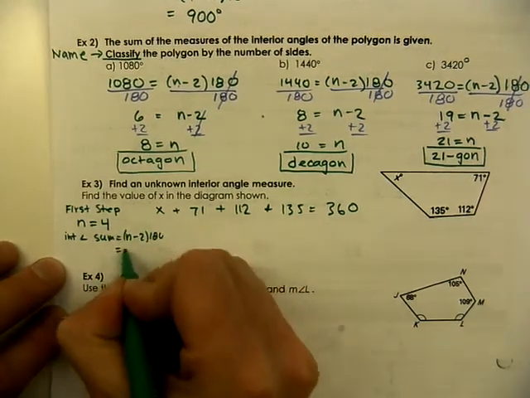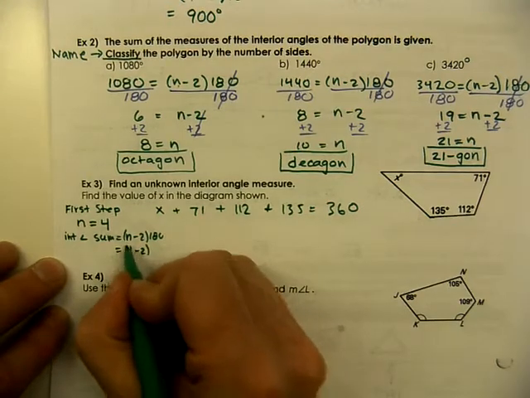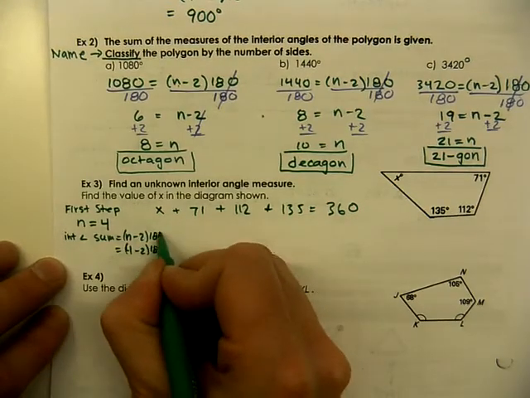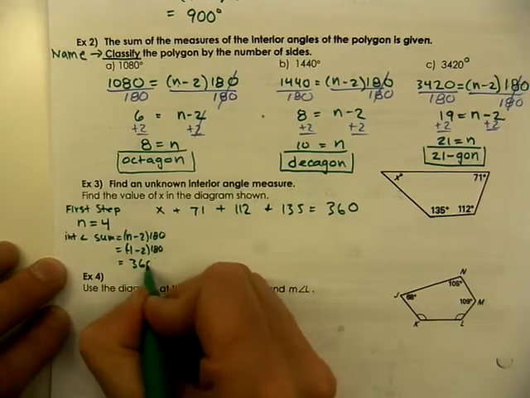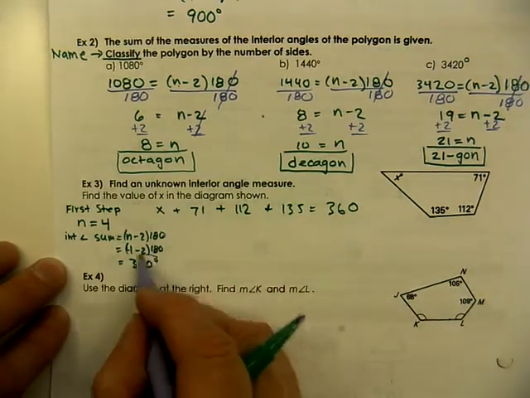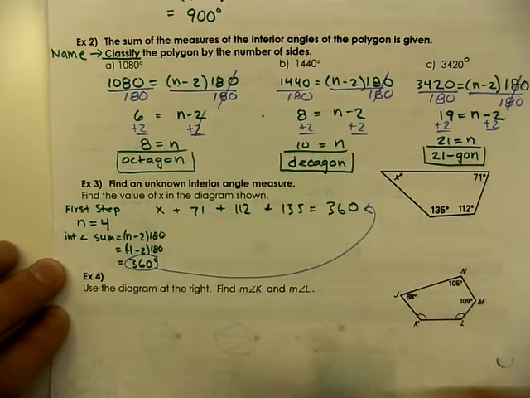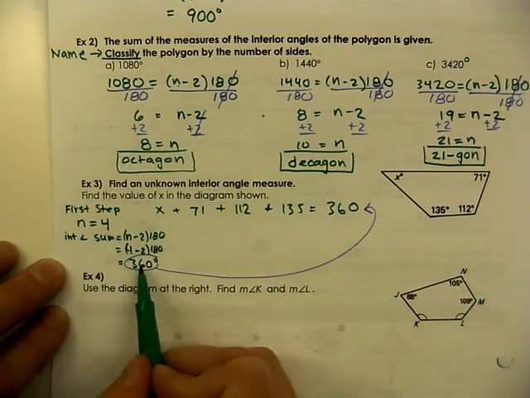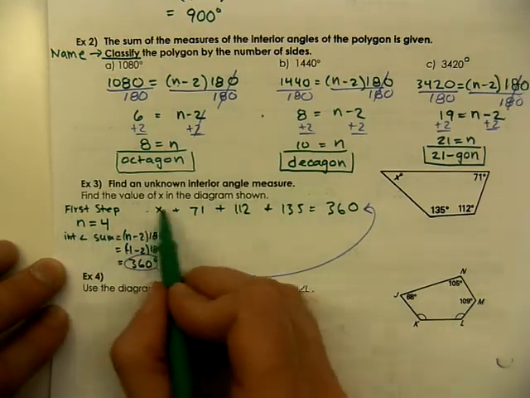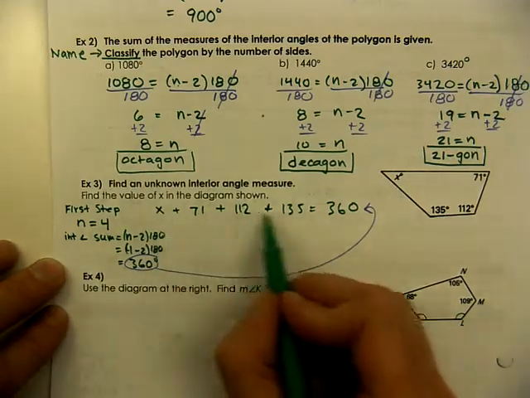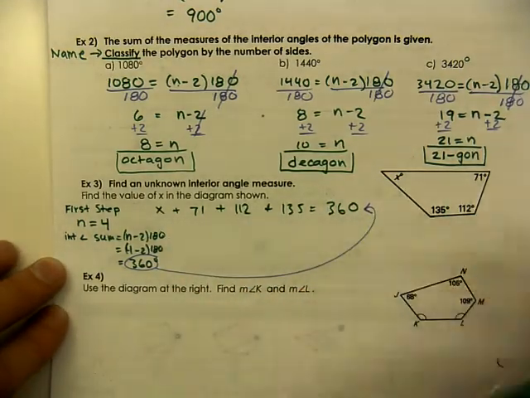So if you drop a 4 in for n, 4 minus 2 times 180, you get 360 degrees. So even if you were to forget how many degrees there is, we can always calculate it as a first step. Then, as a second step, we could set up the equation, adding up all 4 angles to 360.